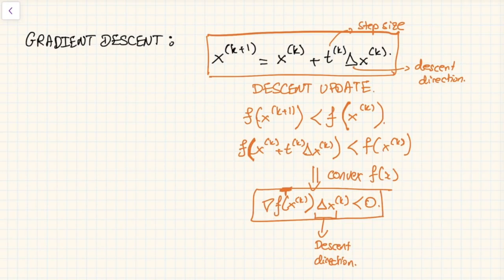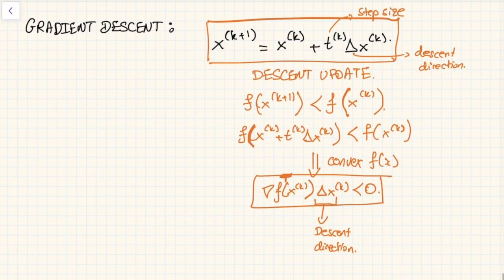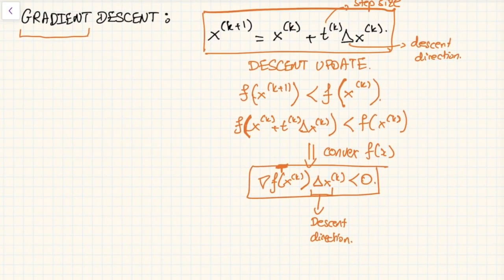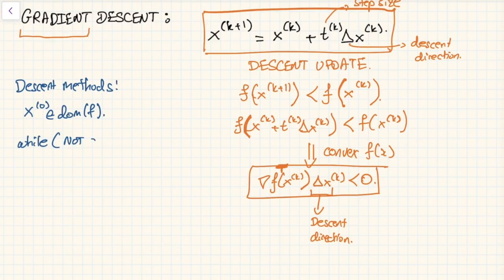So in a general descent method, we're not really focusing right now on the term gradient. I'll tell you when gradient comes into play. But right now, keep in mind that descent methods in general, whether gradient or not, follow the following blueprint. You first pick an x0 that lies in the domain of f. Then you iterate while you're not converged, whether by a certain stopping criterion or a certain number of iterations.